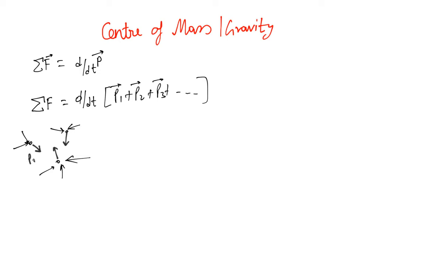So this is P1, this is P2, and this is P3, and so on. The rate of change of the sum of all these momenta is equal to the sum of all the forces applied to all these masses.